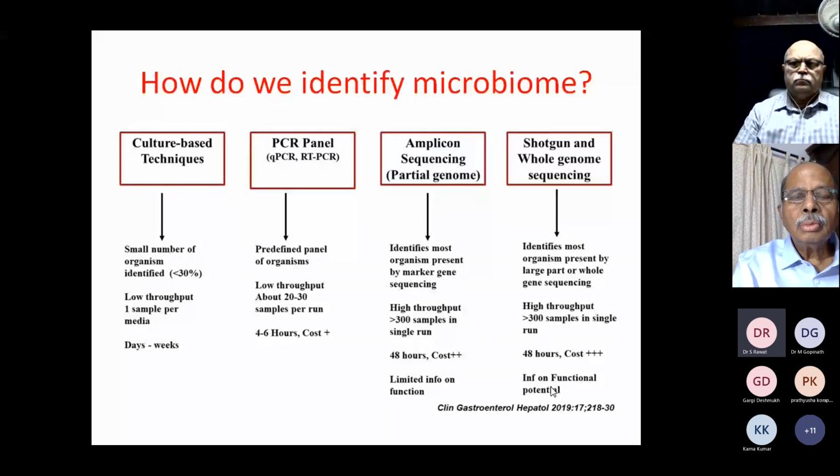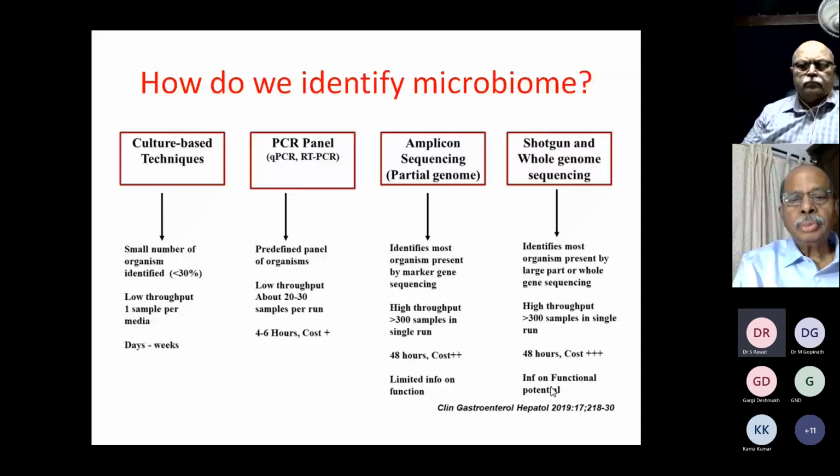Coming to the other method, which is amplicon sequencing, where we commonly do 16S sequencing, in which we are not looking at the whole genome, we are only going for a partial genome. Usually the conserved regions are targeted. Conserved regions are those regions which are relatively constant in any particular species.